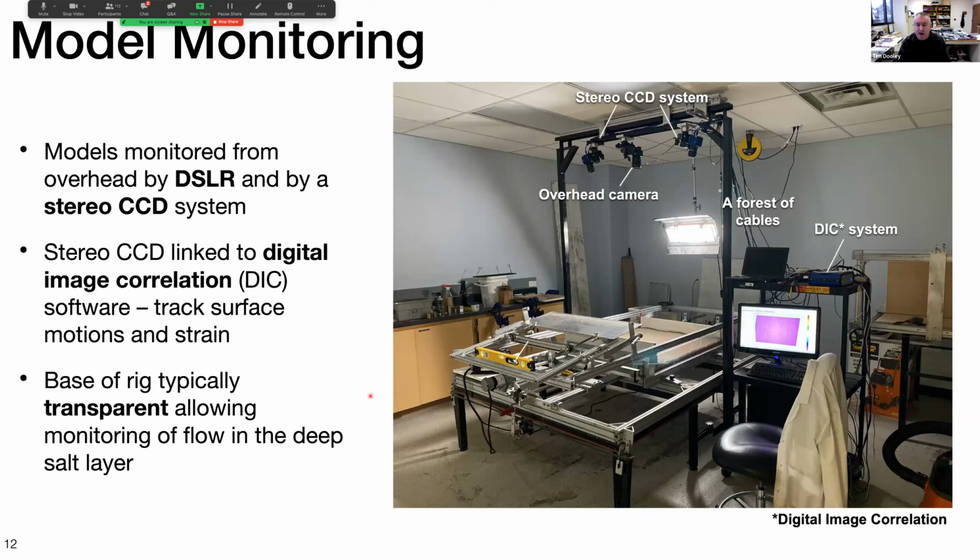And often I will also put a second camera underneath, because we can see upwards into the source layer.